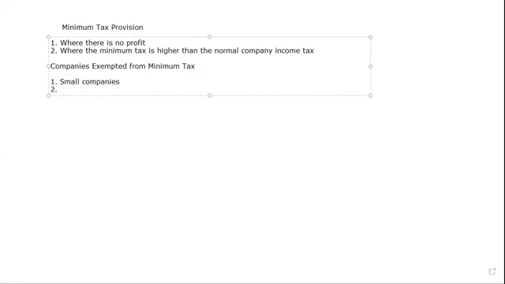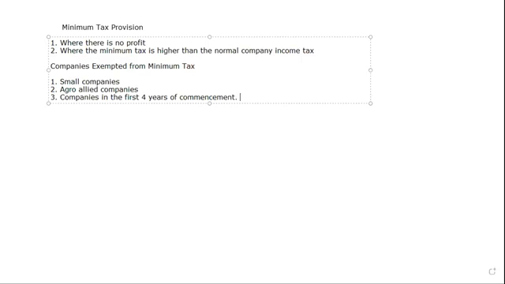You know who small companies are, right? Companies whose turnover is less than 25 million. Number two, agro-allied companies, companies who do agro-allied. And three, companies in the first 4 years of commencement. So these are the three categories of companies exempted from minimum tax. Any question?